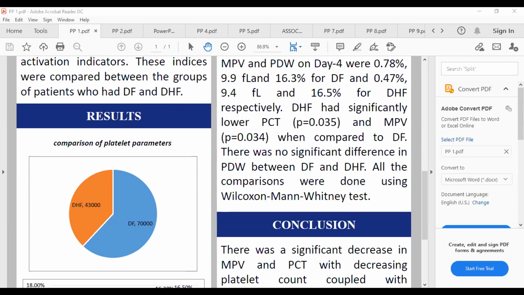Okay. Just one question for you. Does the PCT add any value other than the platelet count? Does it give any additional information in terms of clinical care?